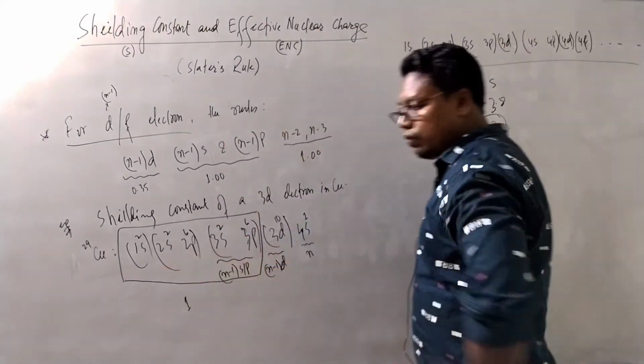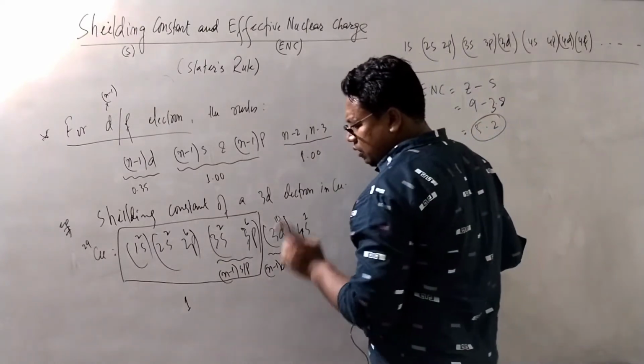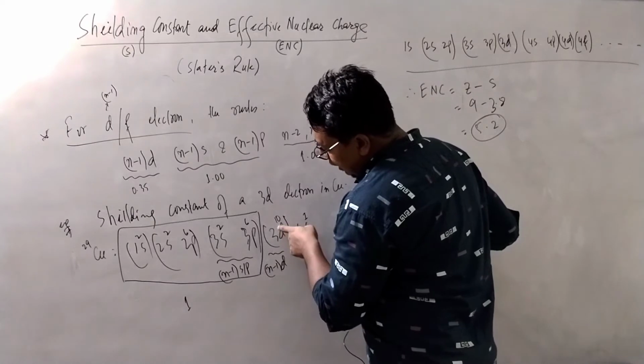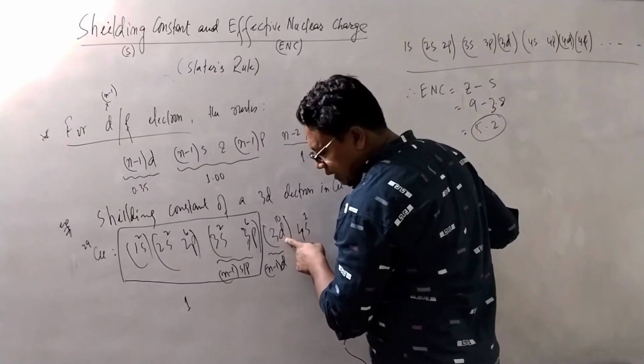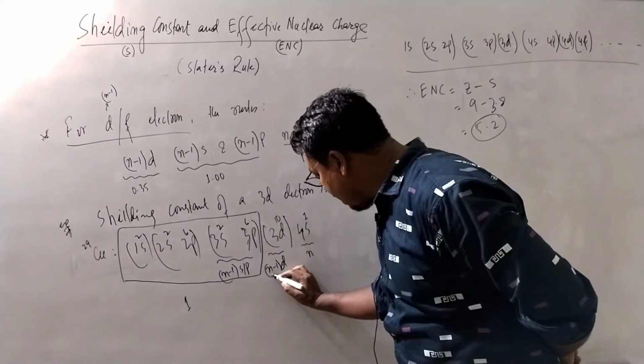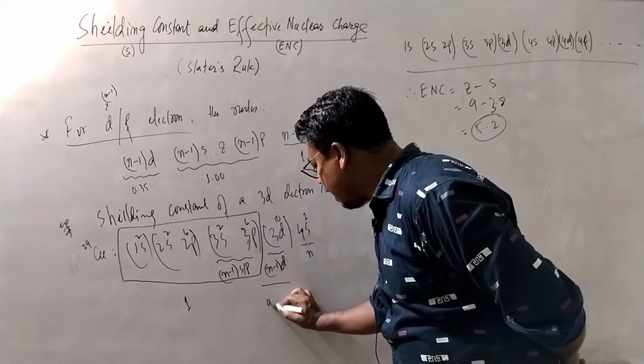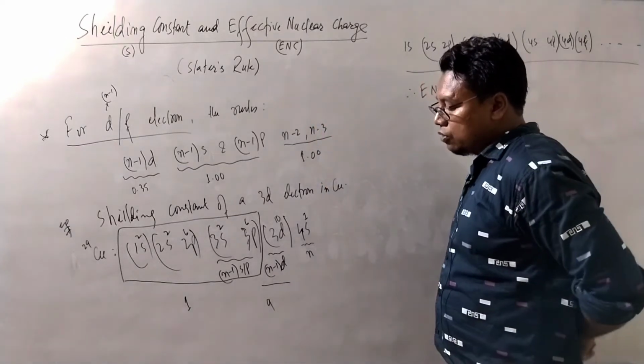And how many electrons we need to count? We need to calculate the shielding constant of an electron in 3d. So how many electrons will be left? 9. So this n minus 1 d will have 9 electrons, except that electron of concern.